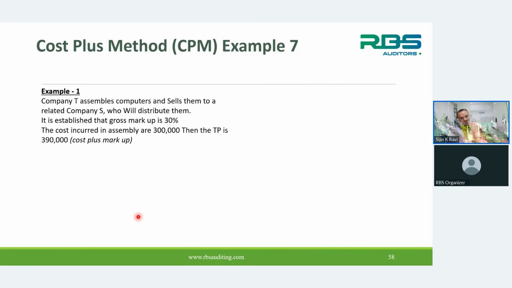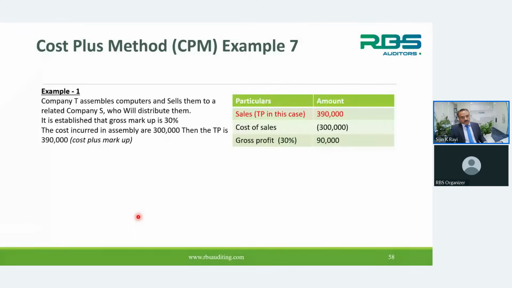In that case, the TP will be 390,000. That means cost plus markup. Because the cost of sales is 300,000, you are adding a markup of 30%, which is 90,000, then that will be the transaction price. That will be the TP price.